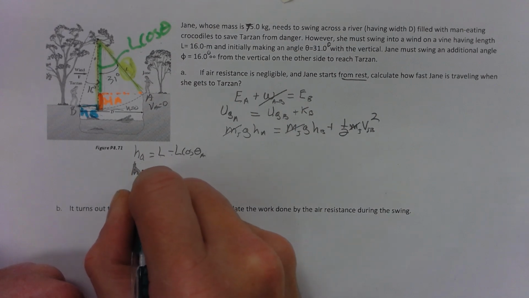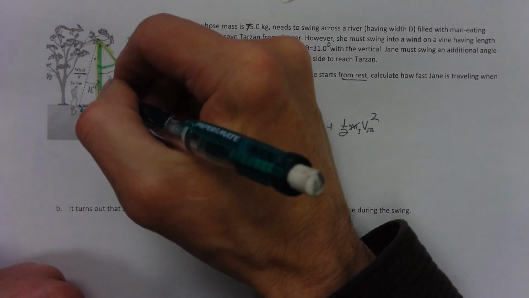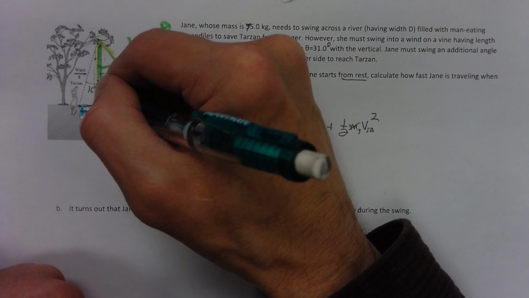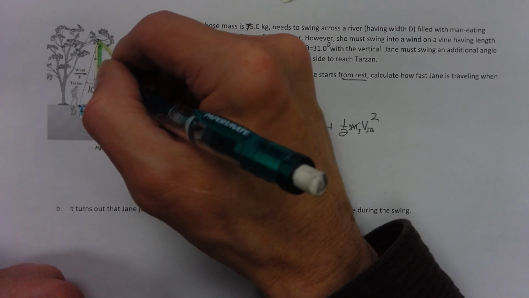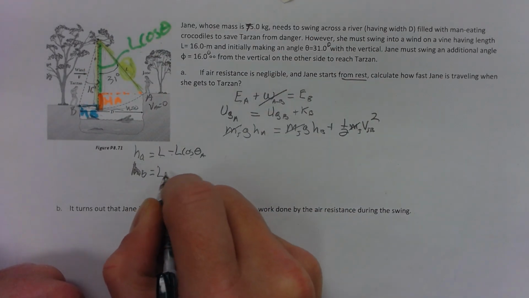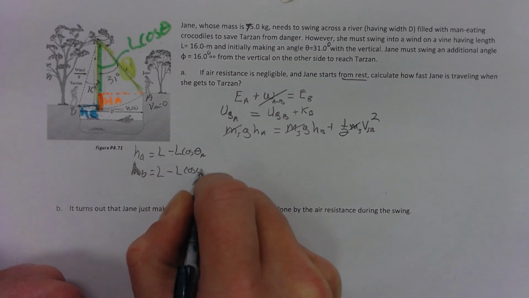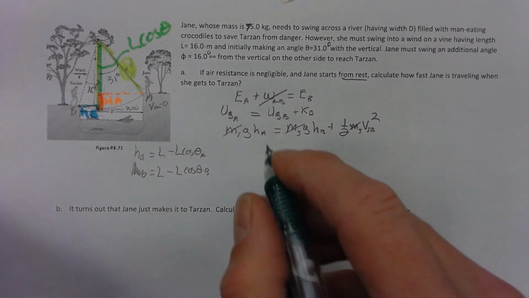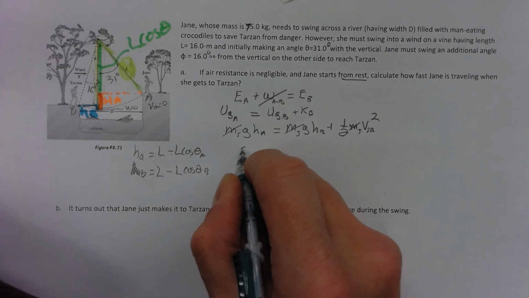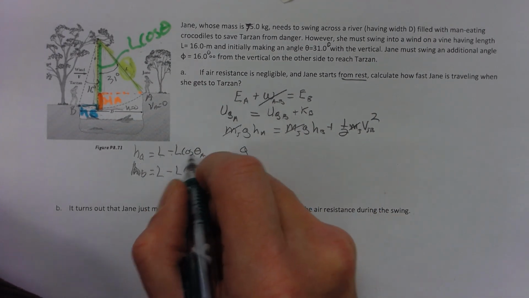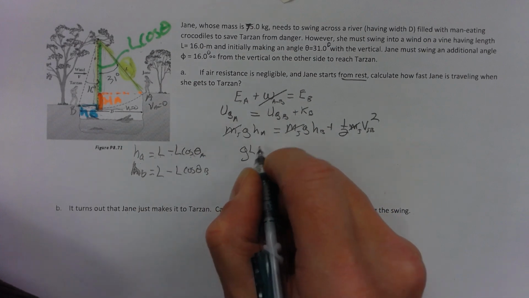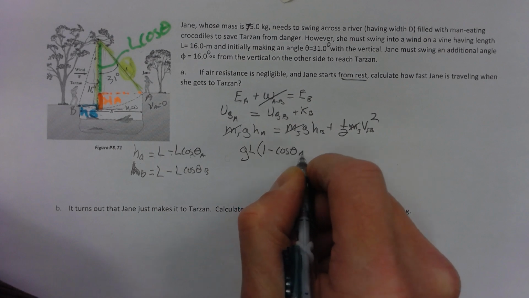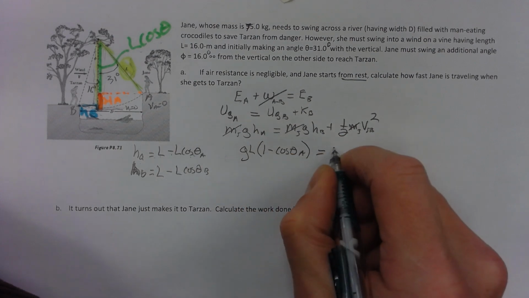pardon my handwriting, is L, is the whole. And then this section here is L cosine theta at B. So L minus L cosine theta at B. I'm going to put that all symbolically in here and see if anything like reduces out for me. g, I can factor out that L. 1 minus cosine theta at A is going to equal g.